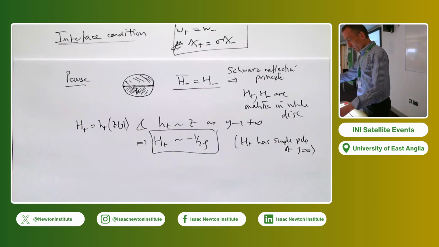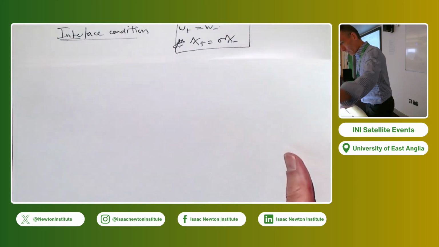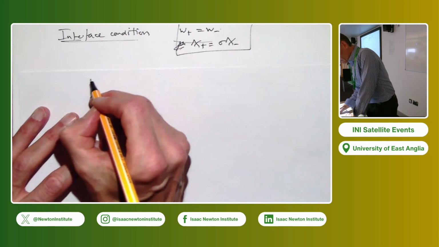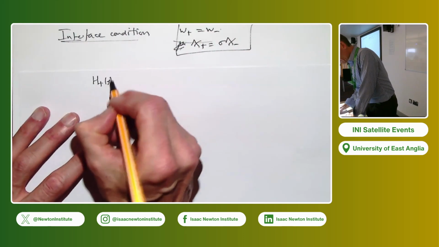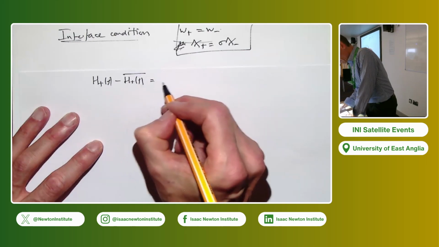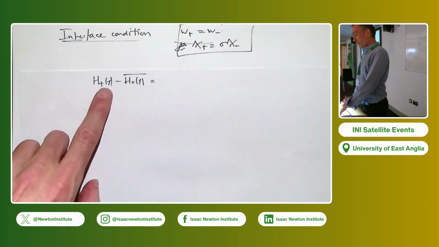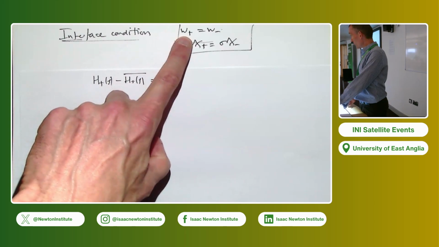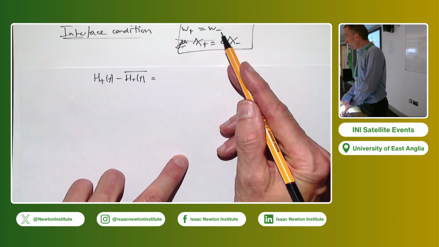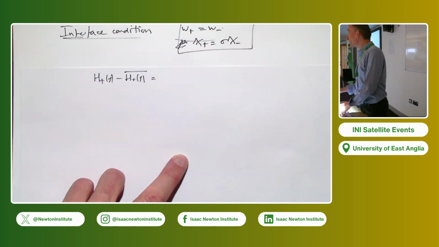Okay, let's get on with our boundary conditions. So let's just do that one. That means that H plus of zeta. Now watch. This is the imaginary part W plus. I've got to set that equal to W minus, which is the imaginary part of H minus, but coming in from the bottom.